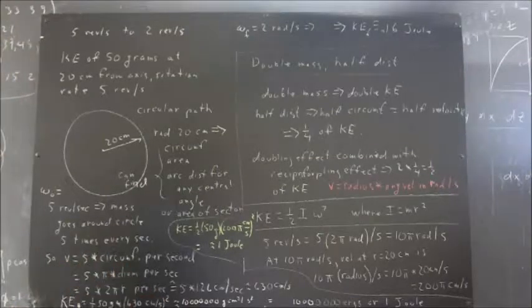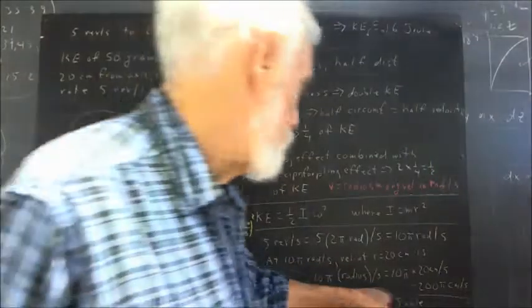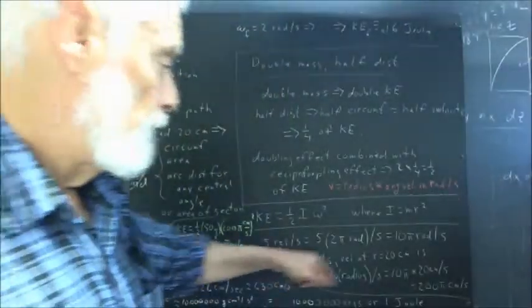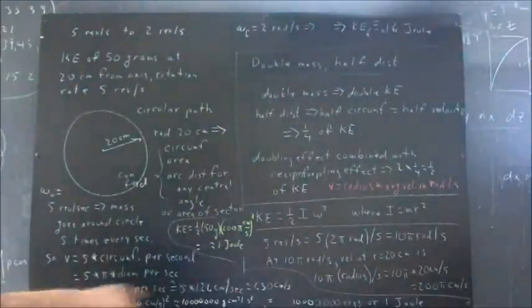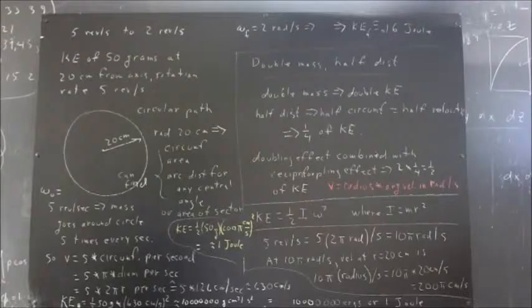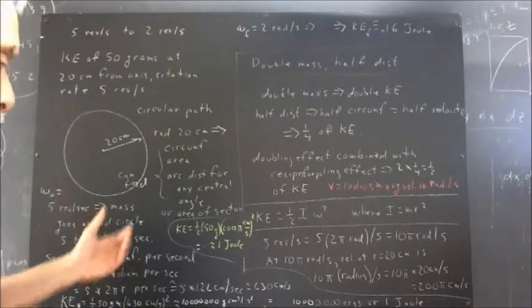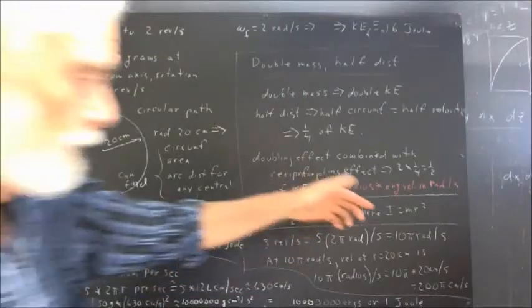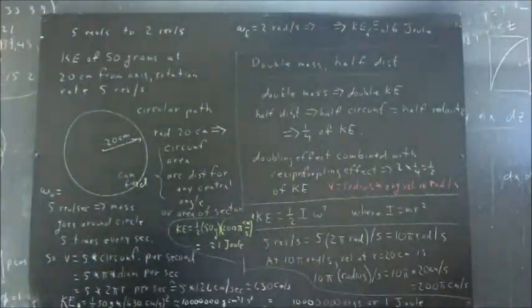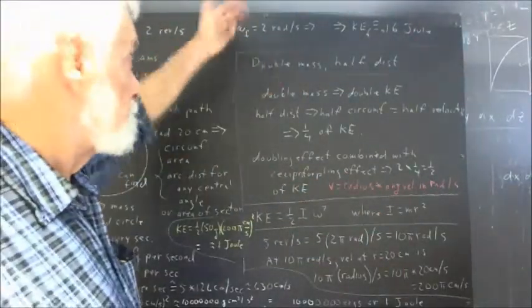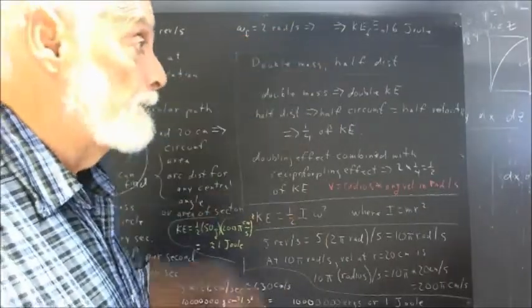And if we work that out, we also get 1 joule. So 10 million ergs is a joule. If we express these quantities in kilograms and meters per second, our units will come out kilogram meter squared per second squared, or joules.